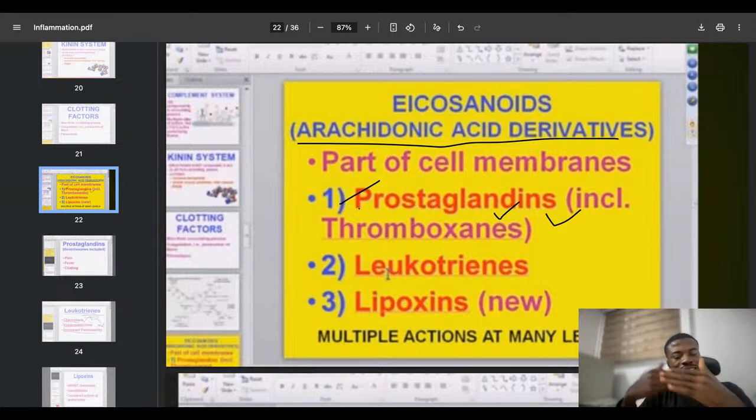Between the various sub-events of inflammation, we need these chemical mediators to act on the major actors, like the leukocytes and the endothelial tissues, so that they can move on to the next stage of the inflammatory sequence. You see, inflammation is a sequence of events. For us to get from one event to another, there has to be a chemical mediator acting on either the endothelial cells or the leukocytes, the white blood cells.